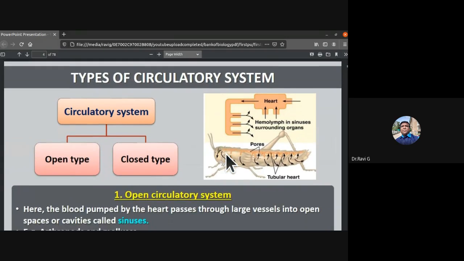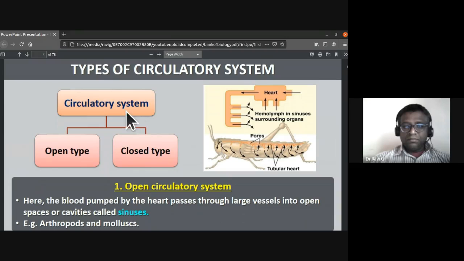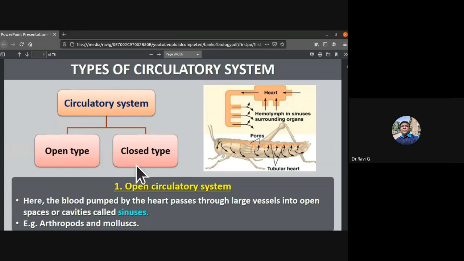Circulatory systems are of two types: the open type and the closed type. If the blood is directly pumped into open spaces or cavities, which are called sinuses, we call that an open type of circulatory system.